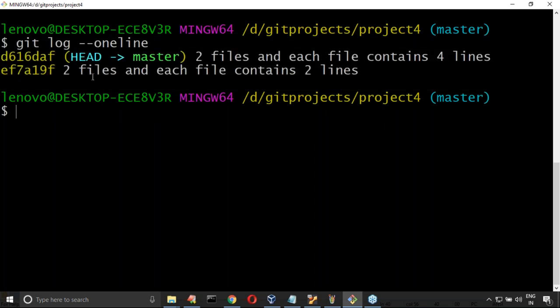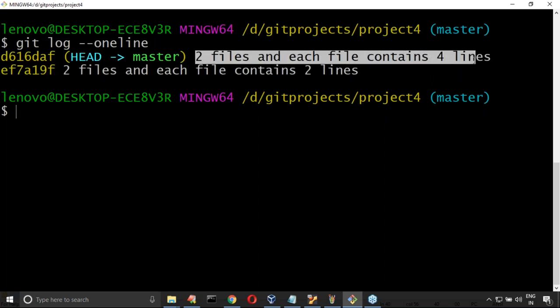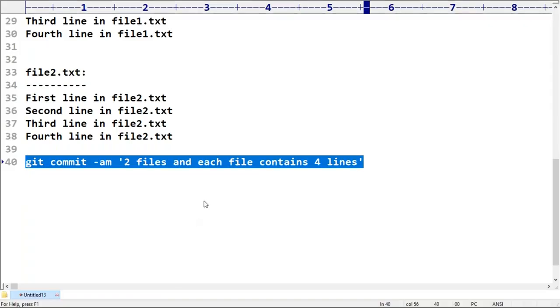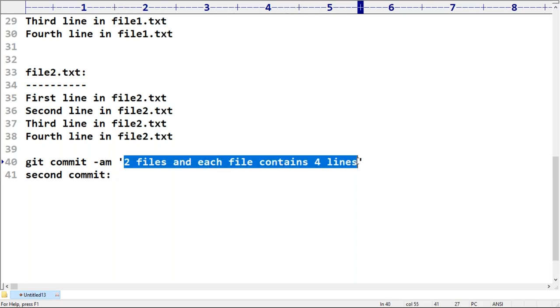In the first commit every file contains two lines, but in the second commit every file contains four lines. Observe the difference. The second commit message is two files, and each file contains four lines.